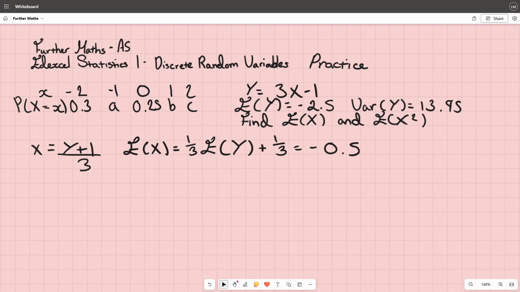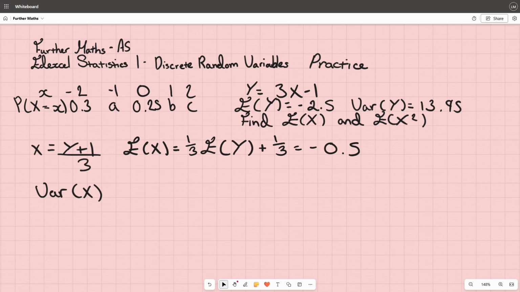And now we need to find the expected value of x squared, which looks pretty difficult from this. But all you need to do is, so we have the variance of y, and so let's find the variance of x. I know we're not told to find it, but it helps with our equation.